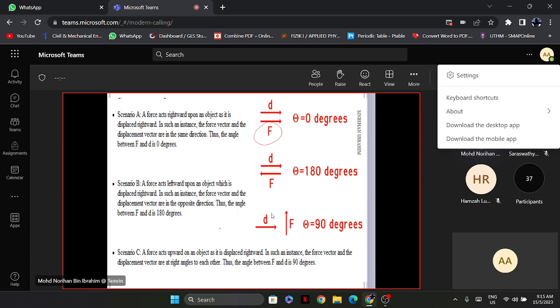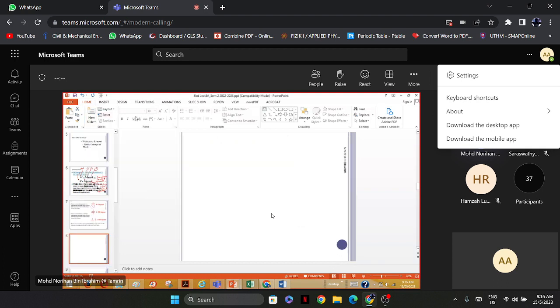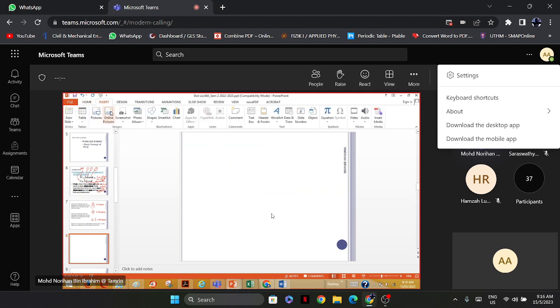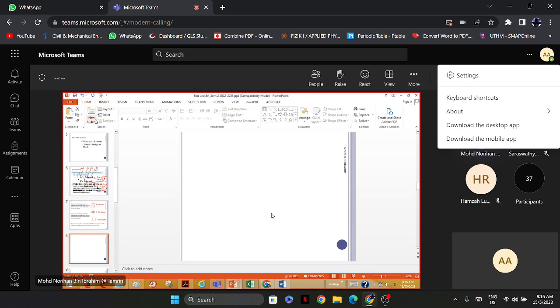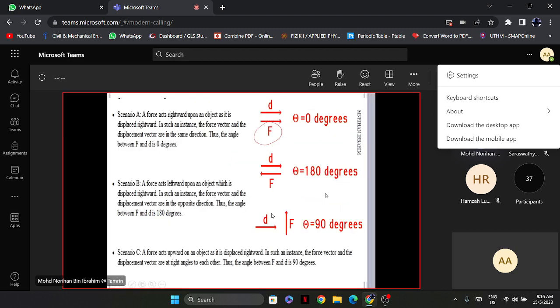Let me illustrate as well. So what is scenario A? A force acts rightward upon an object as it is displaced rightward.